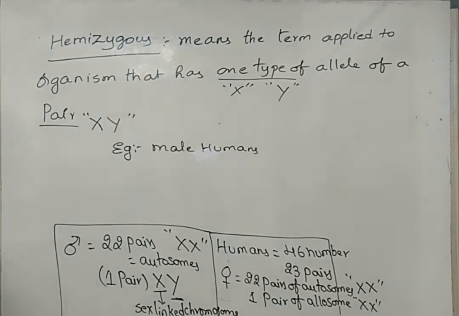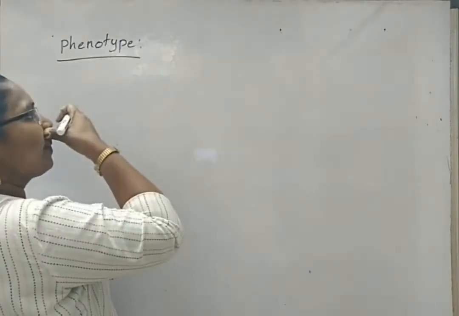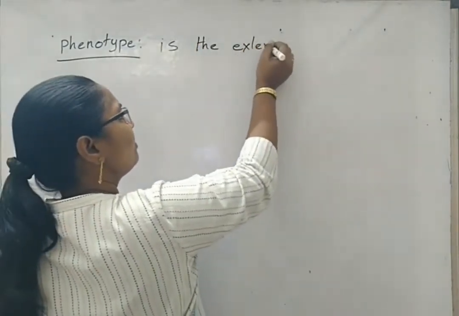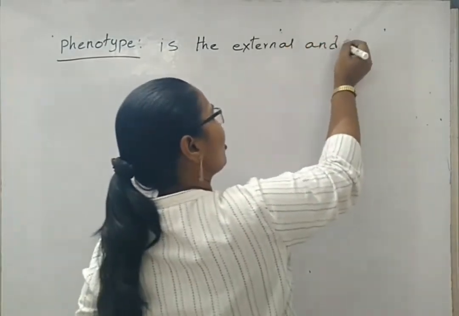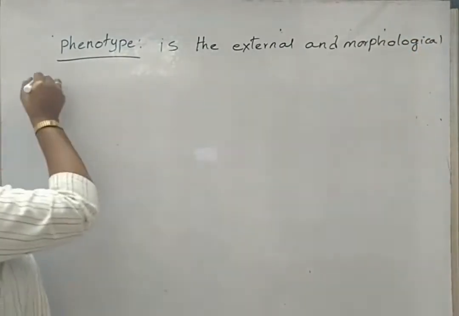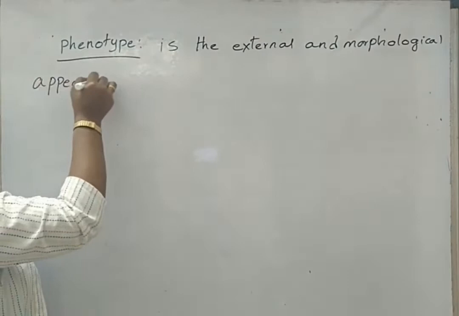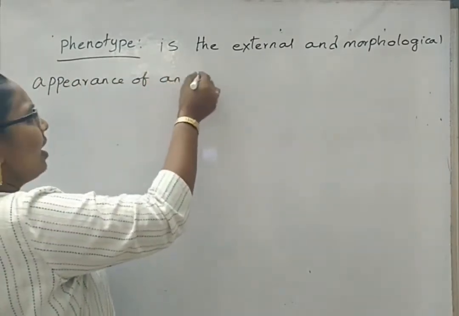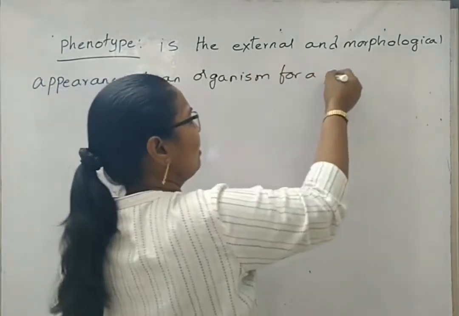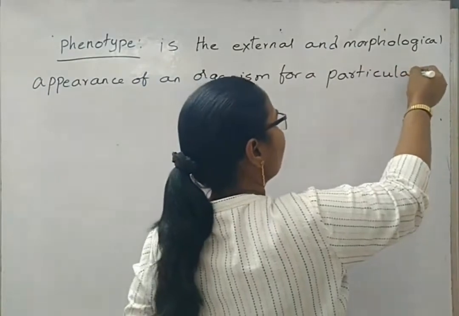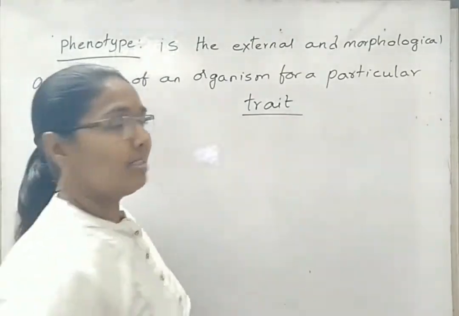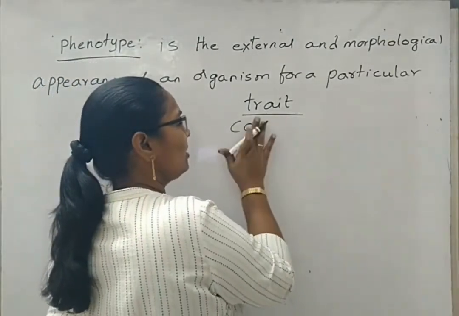There is another term called phenotype. Phenotype is the external and morphological appearance of an organism for a particular trait. I already told you trait is also considered with another term, that is character.